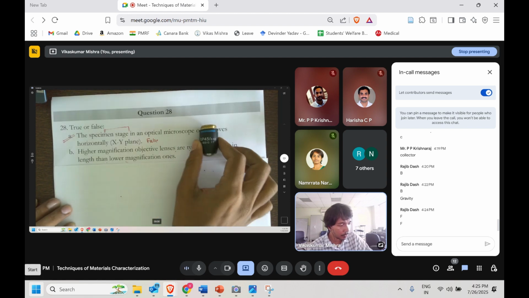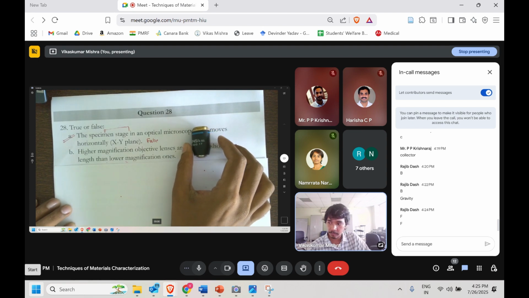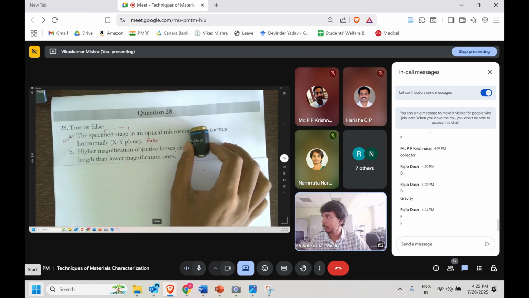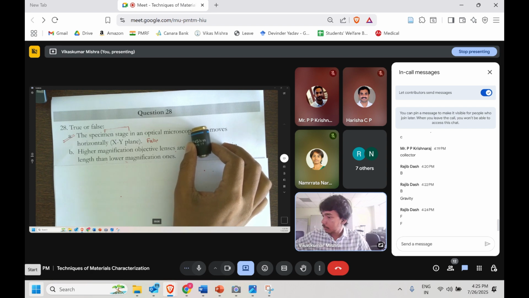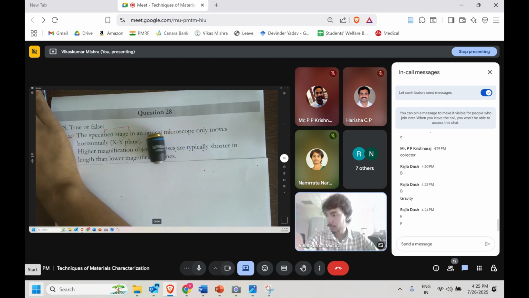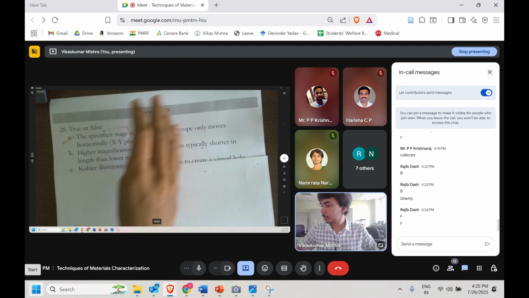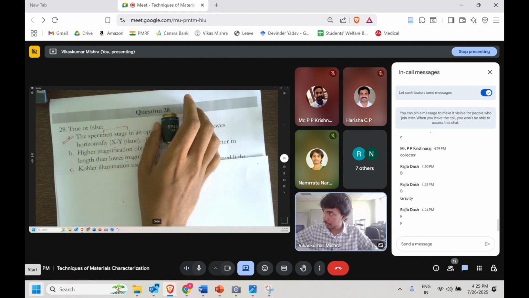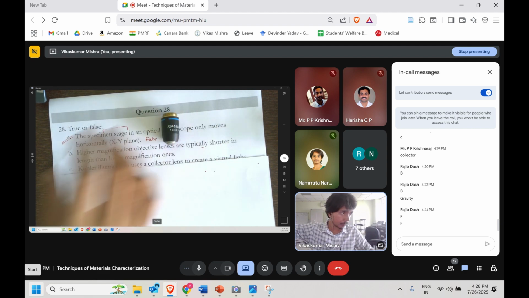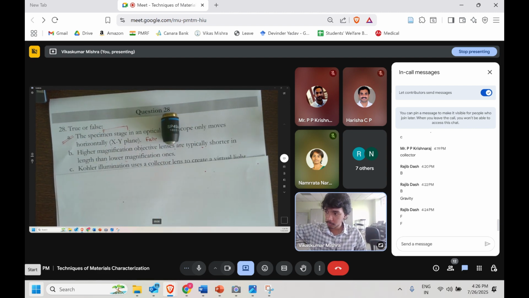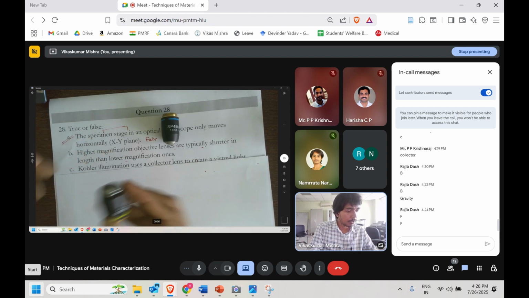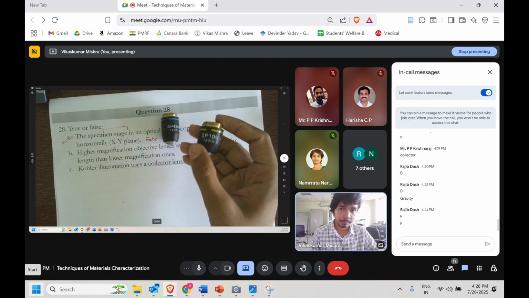See, I showed you that this is 45 magnification, right? And I think I might have shown one more. I'll search for it later. For now, let me take out another one. And this one has a magnification of 10.